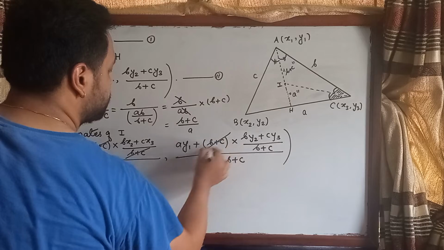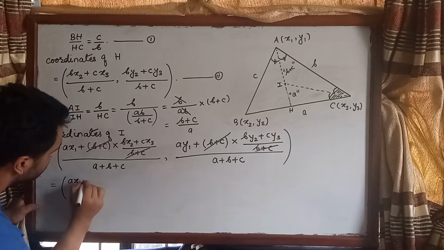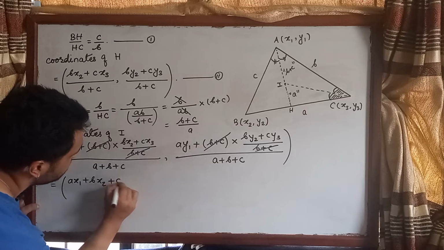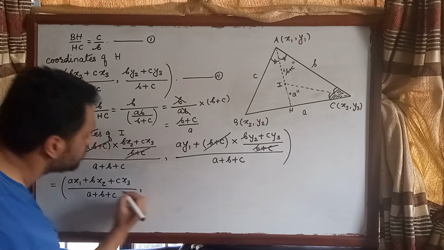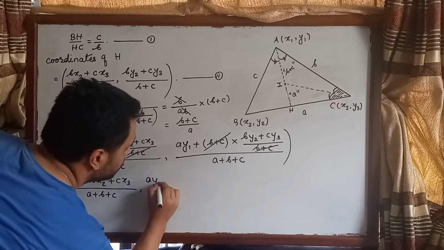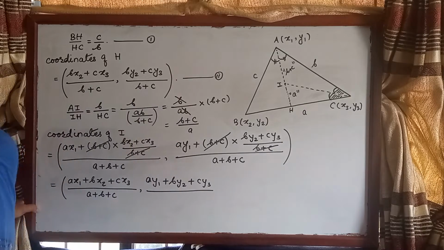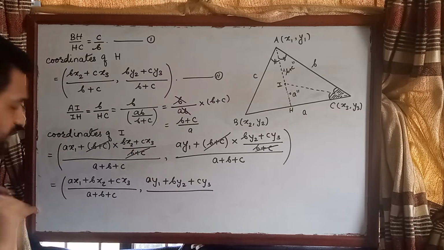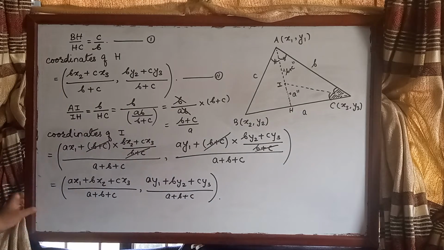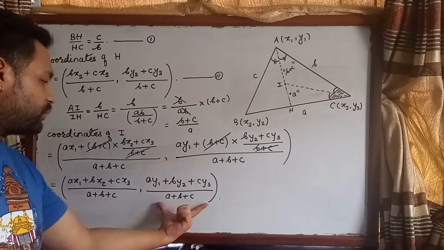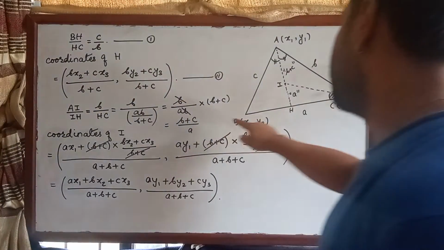And we cancel out this B plus C with this B plus C, which gives us AX1 plus BX2 plus CX3 all over A plus B plus C, comma, AY1 plus BY2 plus CY3 all over A plus B plus C, which are the required coordinates, x coordinates and y coordinates of the incenter I of triangle ABC.